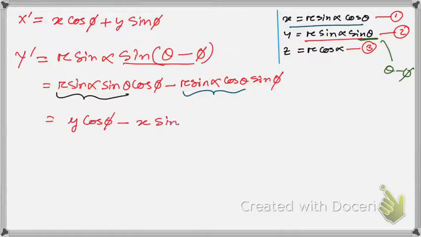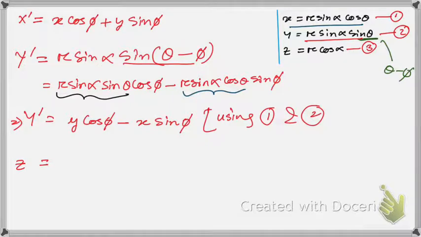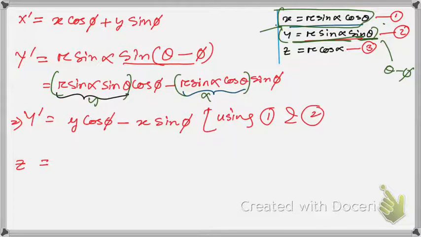So from equations 1 and 2 we have got this. You can see clearly this part is your x if you compare with equation number 2, and this part is y from equation number 1. So we have put y and x here, and we have got y dash equal to this one, right? Hope you have understood this.